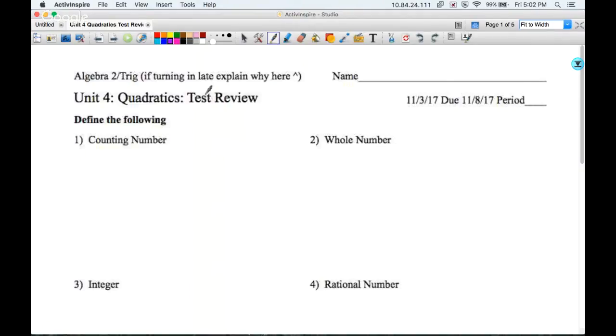Counting numbers, we're going to call those our positive numbers with no decimal. And we don't include 0.